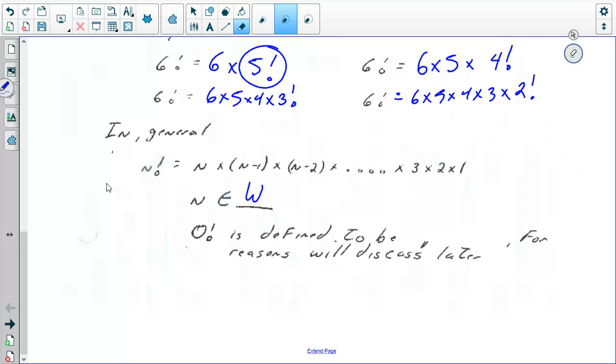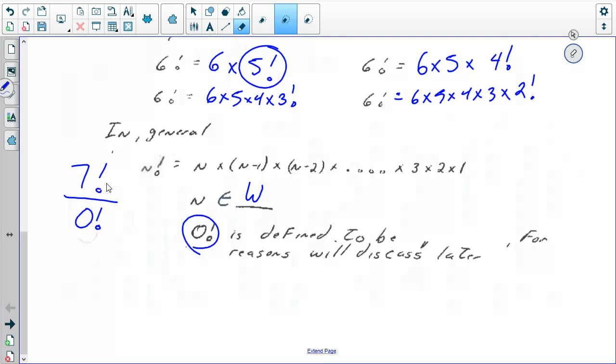Now, since we're dealing with whole numbers, we have to talk about what the heck is 0 factorial. In one argument it could be 0, because 0 times anything is 0. But there's some notation that we're going to work with later on that's going to work out like this. And if we say 0 factorial is equal to 0, 7 divided by 0 is undefined.